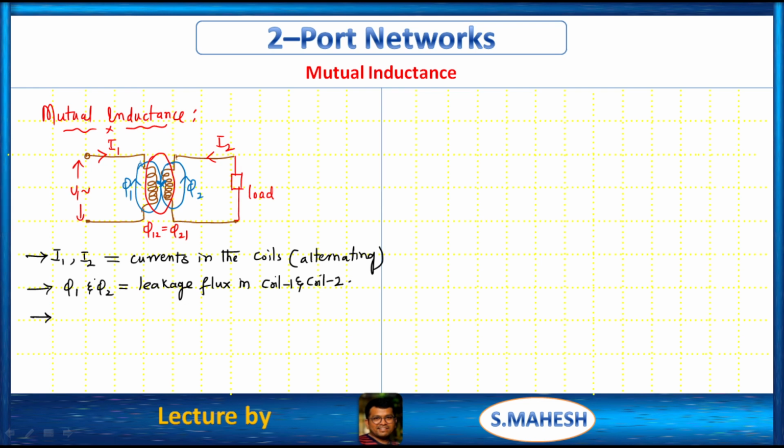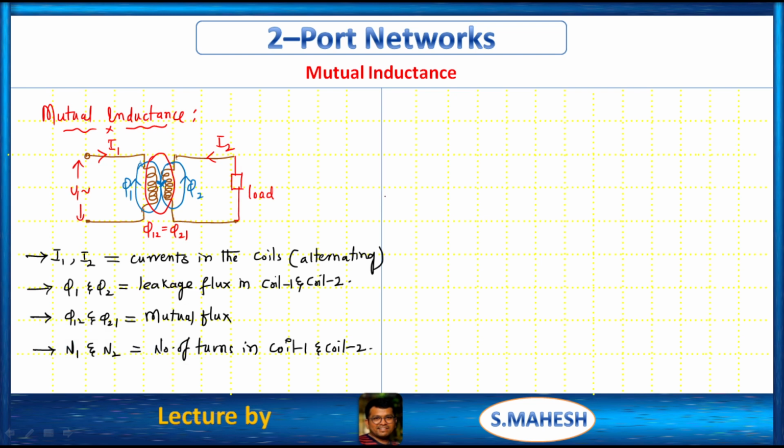What about phi 12 and phi 21? They are nothing but the mutual flux. Next we have the number of turns, N1 and N2, which are the number of turns in coil 1 and coil 2. That's it.